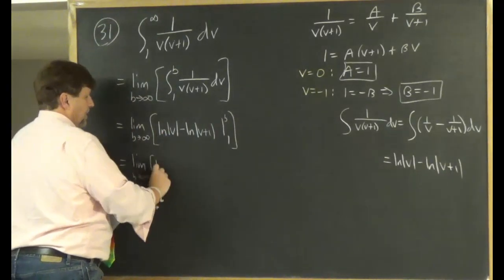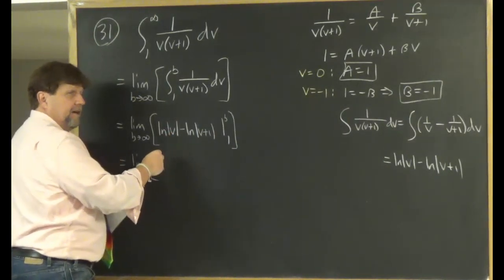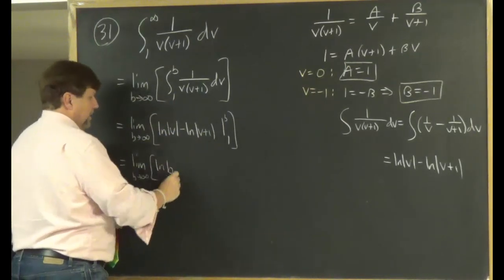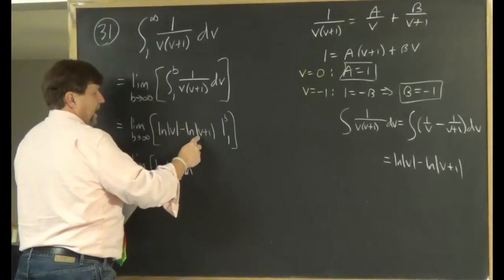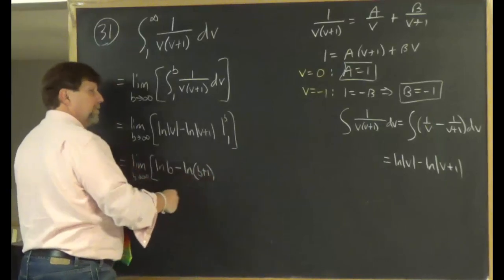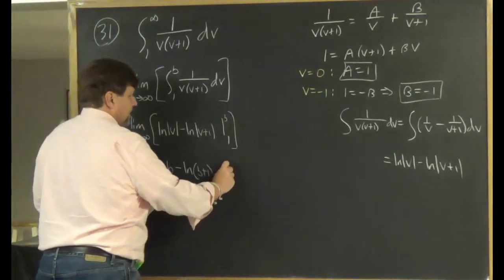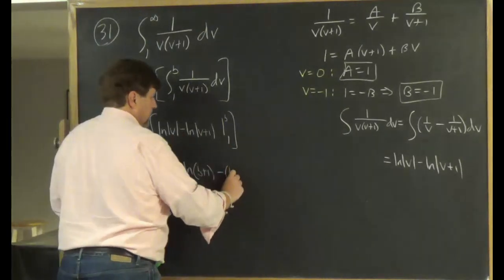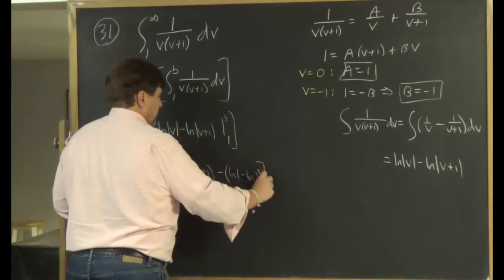It's the natural log of b, but I'm going to get rid of the absolute values because b is a positive number, minus the natural log of b plus 1, again without absolute values because b is a positive number, minus 1 comes in, so the natural log of 1 minus the natural log of 2.